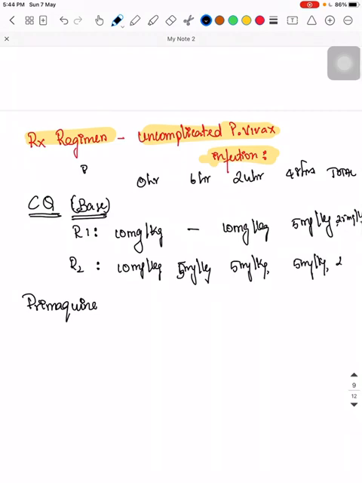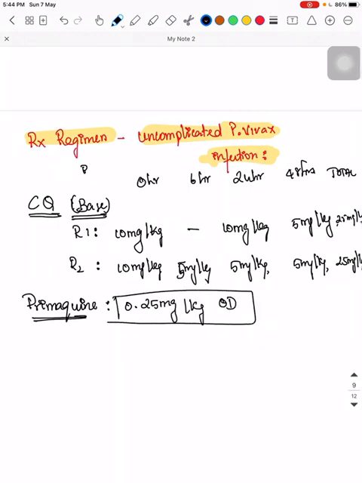Regimen 2, here you can give 10 mg per kg at the time of diagnosis and 5 mg per kg after 6 hours, another 5 mg per kg at 24 hours and 5 mg per kg after 48 hours, and this total dose also constitutes about 25 mg per kg.